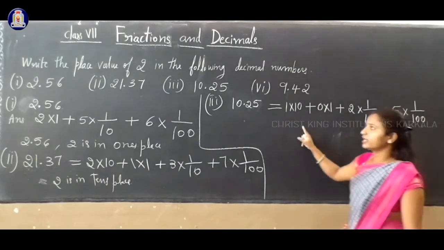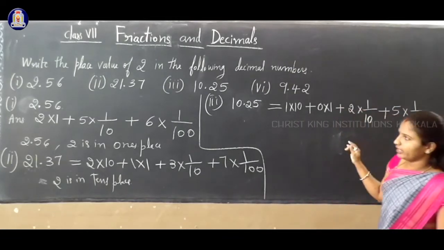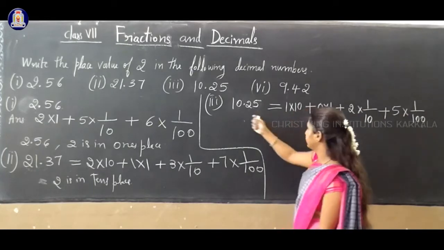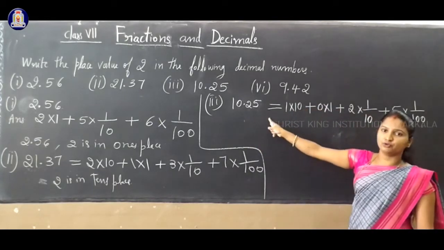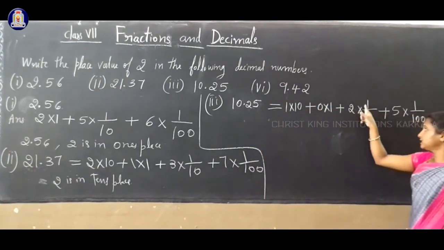Now the question is, write the place value of 2 in the decimal number 10.25. See, 2 is in tens place.